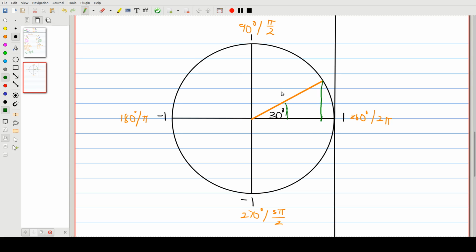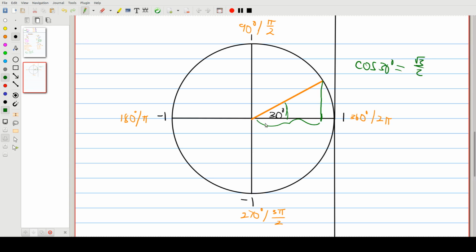Since we're dividing by 1, this length here will just be our value for cosine, because adjacent divided by 1 just gives us adjacent. And since the complete line is length 1, we can just measure this distance from 0 to there. The cosine of 30 degrees is equal to square root 3 over 2.